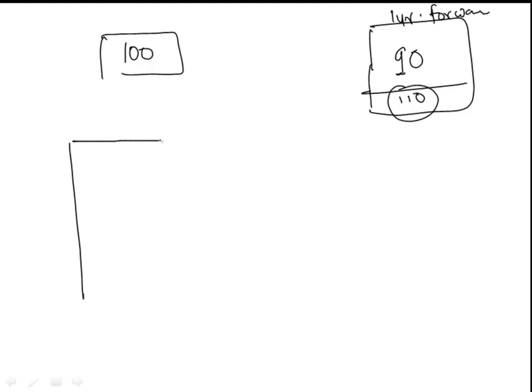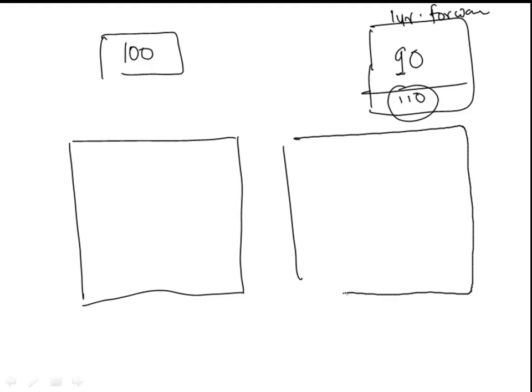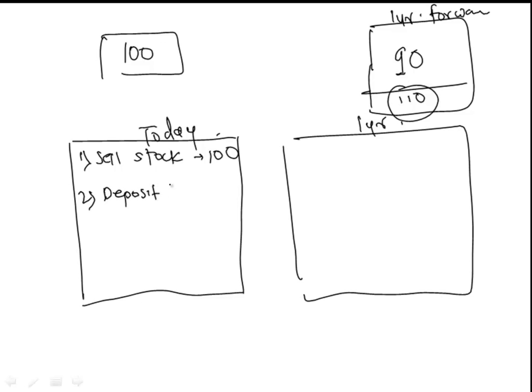Again, these are the set of actions that I will take today, and these are the set of actions I will take 1 year from now. So this is today. Now I know that I have to buy it in future. That means I have to sell stock today. So I will sell stock and I will receive 100. This 100 I will deposit in a bank at the rate of 10%.